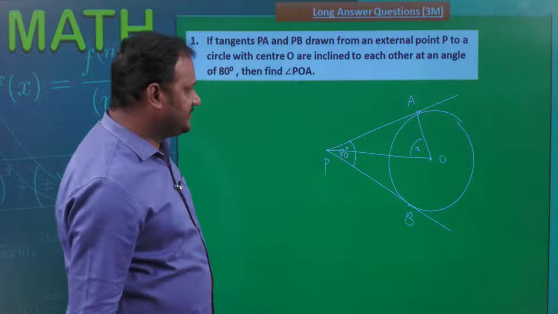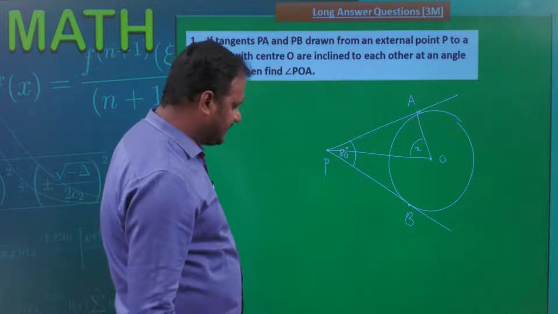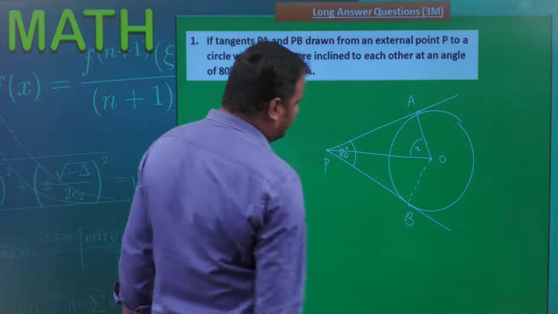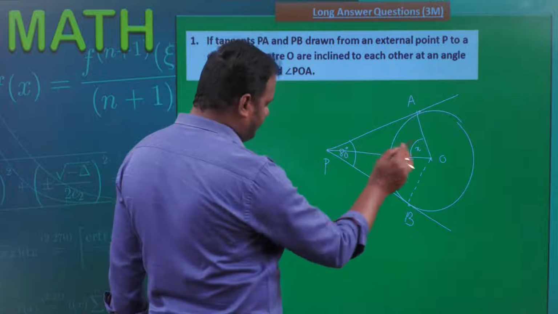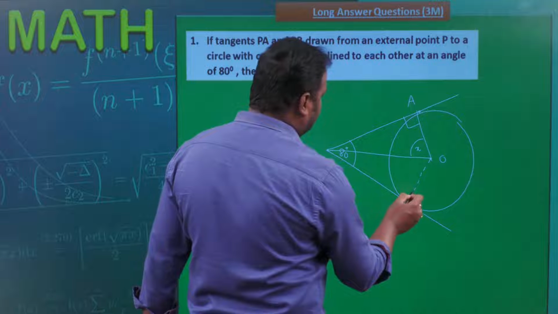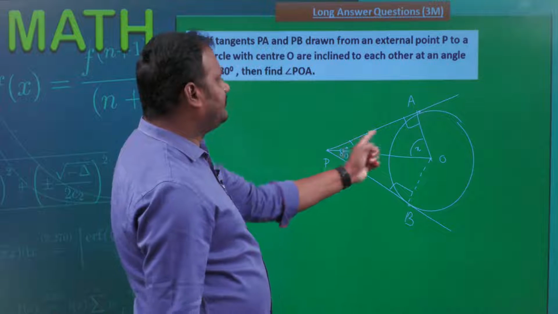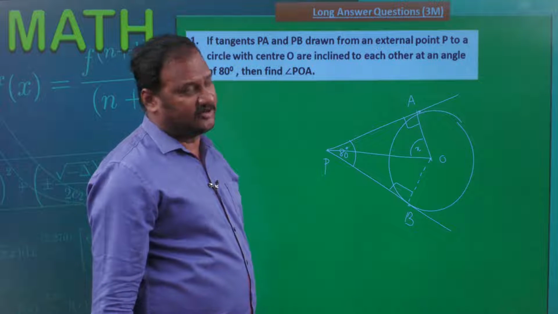In order to find this angle POA, first you need to understand one thing: if you join O and B, there are two triangles drawn, POA and POB. Radius is perpendicular to the tangent through the point of contact. So we can say that triangles POA and POB are congruent by RHS congruence.